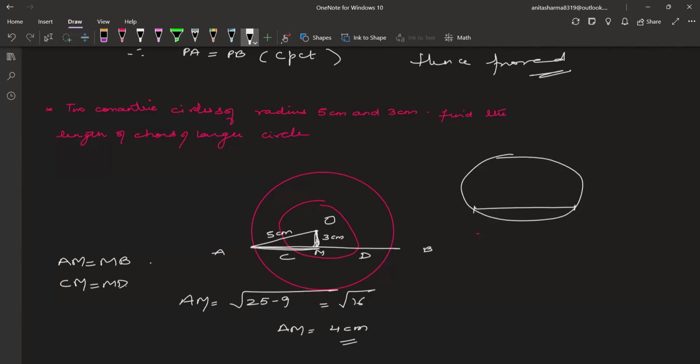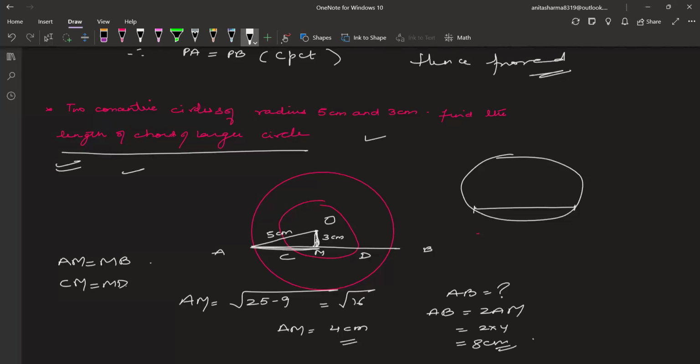Because they have asked to find the length of the chord of the larger circle, you have to find the length of AB. So AB will be twice of AM. So 2 into 4, 8 centimeter. Is it clear? This type of question came in MCQs.